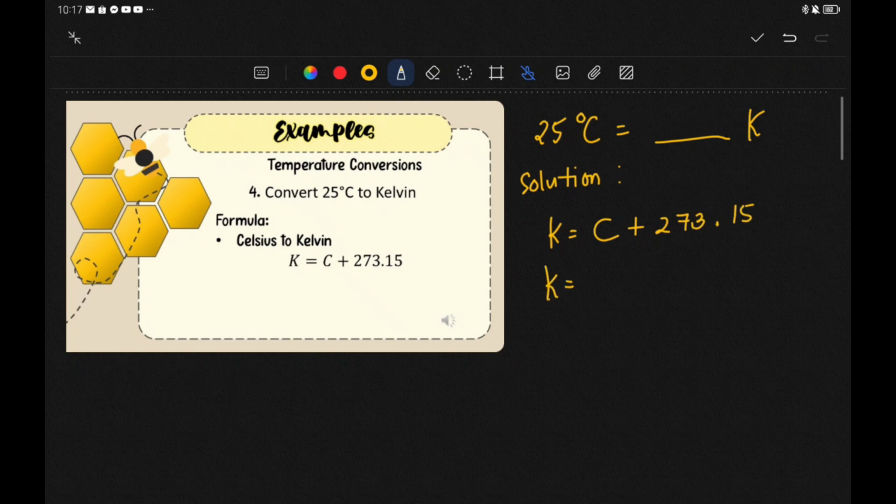So, that's easy. We just need to add them. 25 plus 273.15 is 298.15. So, our answer here is 298.15.